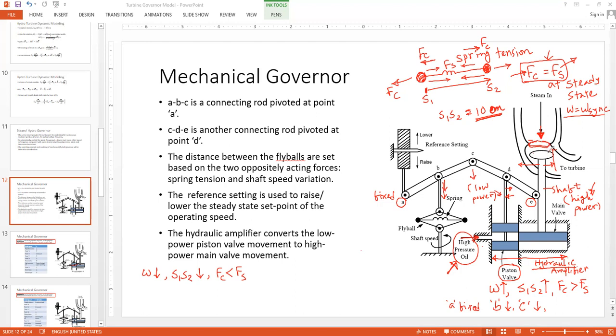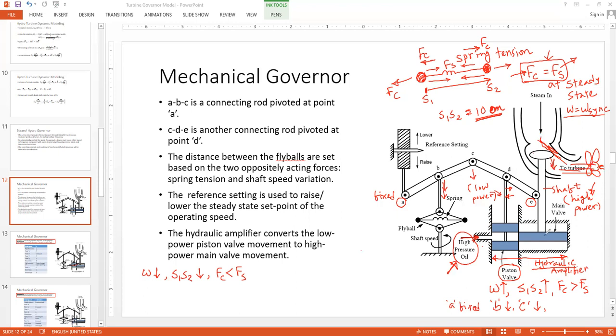On the other hand, if this piston goes down, the opening becomes larger, so more steam can flow. If this goes down, more steam can go to the turbine. This is going to the turbine blades.